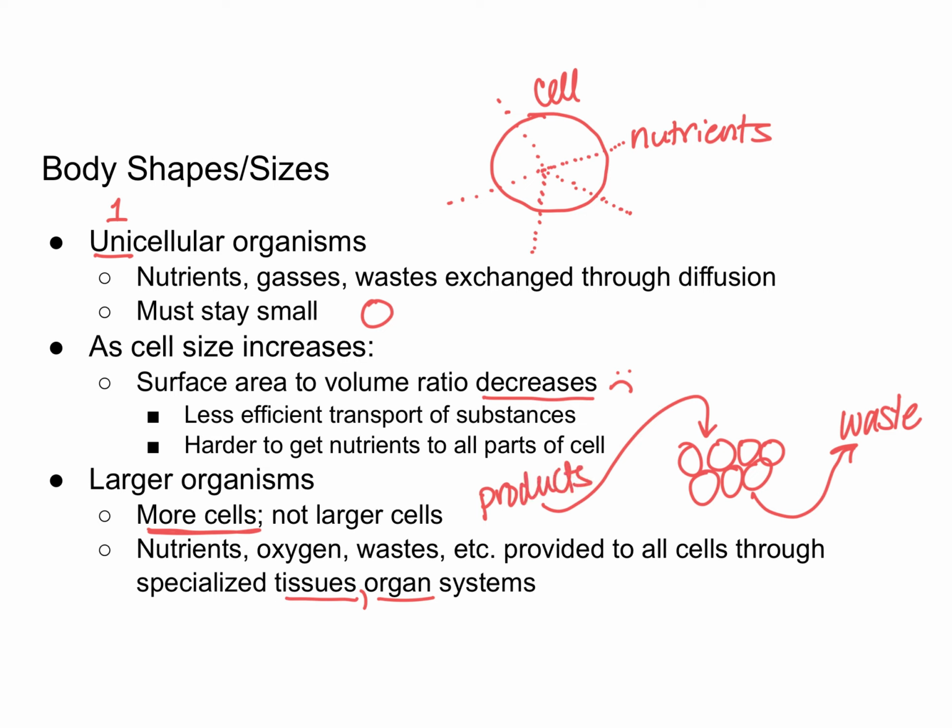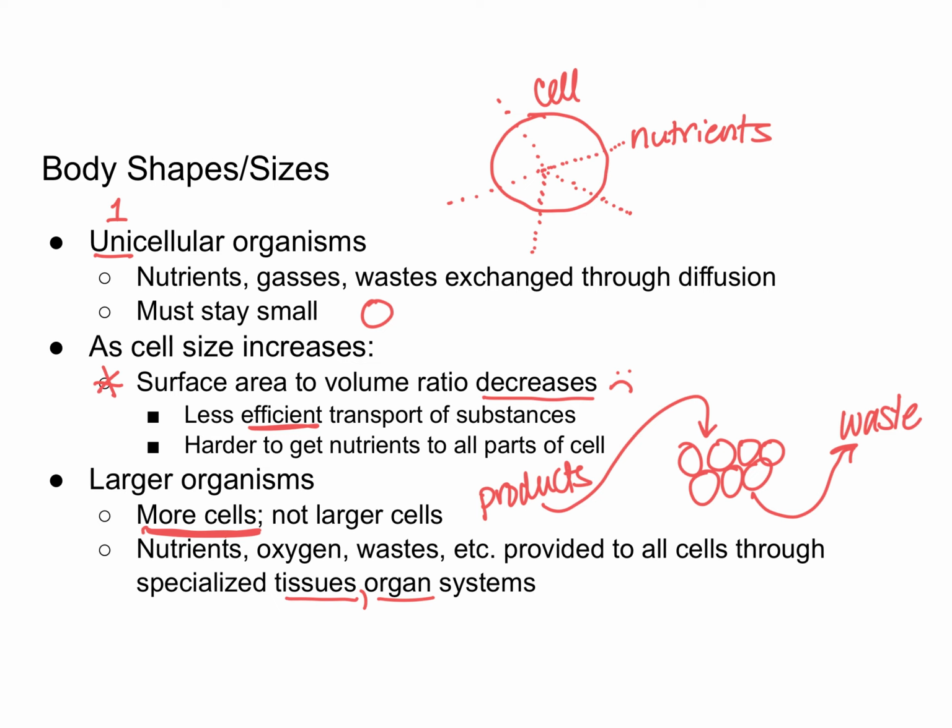All right, so larger organisms need to be multicellular. They need to have more cells, and it's because of this surface area to volume ratio. Because as the cell gets bigger, there's less surface area per unit volume, which makes it less efficient for substances to get in and out of the cell and to diffuse to all different parts of the cell.